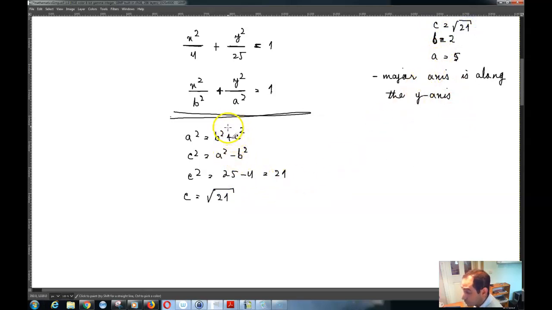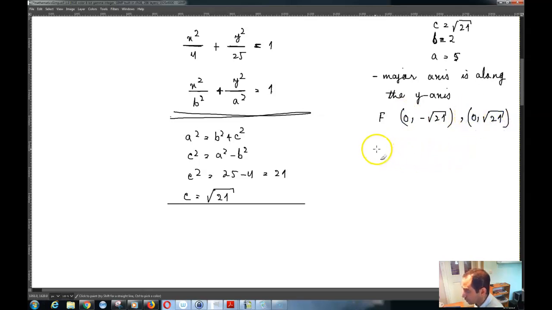That means that the foci are along the y-axis, so the x coordinate is 0: 0 comma negative square root of 21 and 0 comma square root of 21.